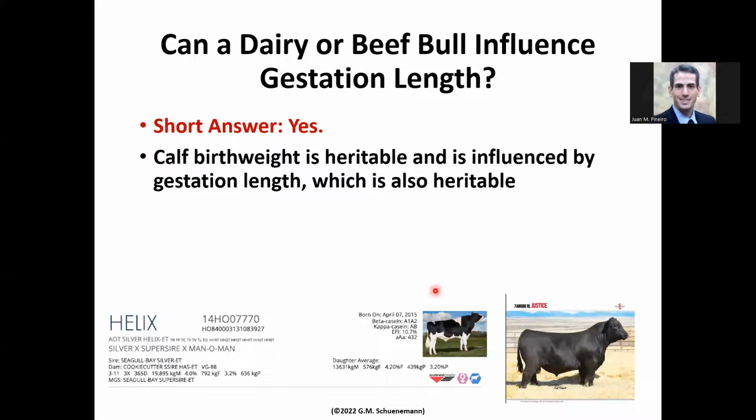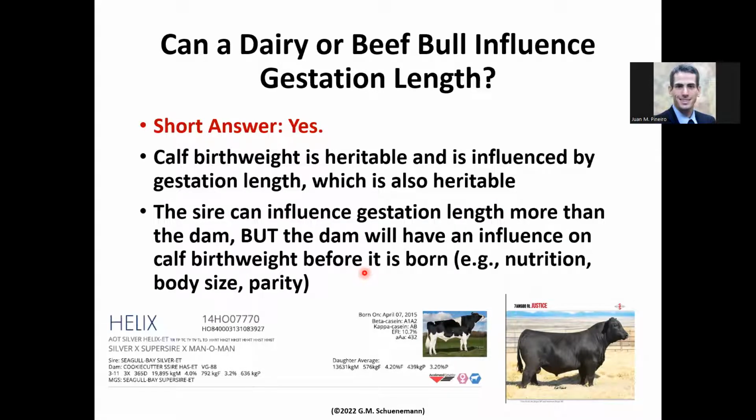Calf birth weight is heritable, and is influenced by gestation length, which is also heritable. So these are two together. This is when we look at calving ease. We are thinking about both, not only calf birth weight, but also the gestation length for the breed of dairy cows. So these are an important component. The sire, or the bull, can influence gestation length more than the dam.